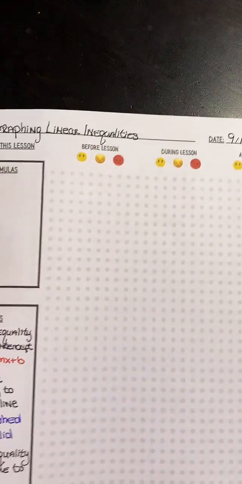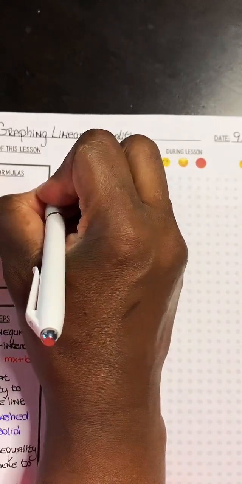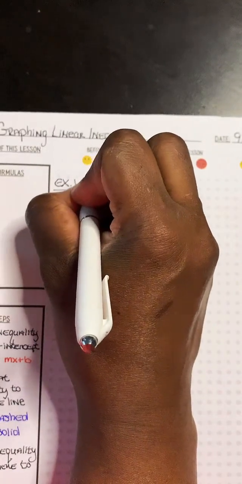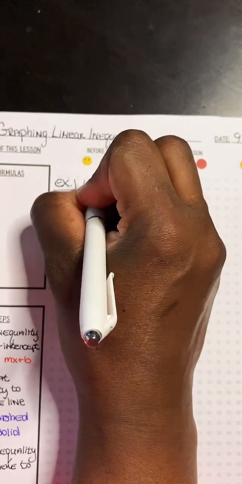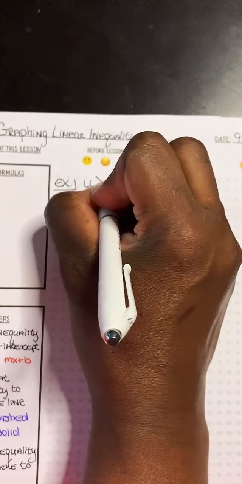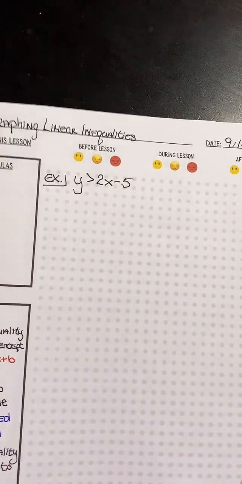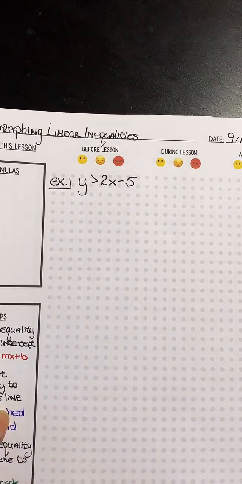So let's see if we can go straight to an example. We have y is greater than 2x minus 5. Okay.